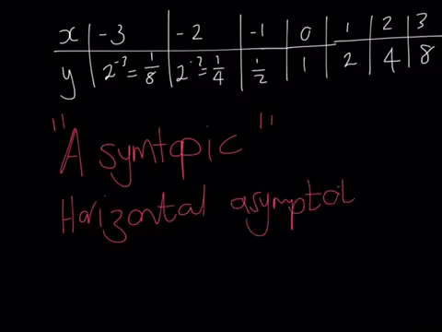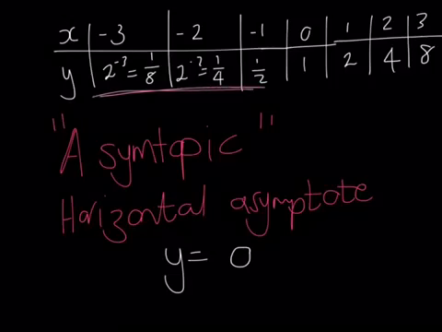In this case, my horizontal asymptote will be y equals 0, because you can see it tends towards 0. Can you imagine if this was x to the power minus 99? If you do that on your calculator quickly, you will see it approaches 0, but it never actually reaches 0. So that's why we call this an asymptotic function. Okay, so let's go back and see what I did.